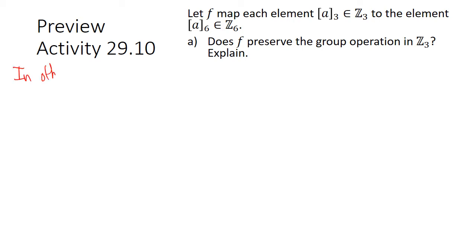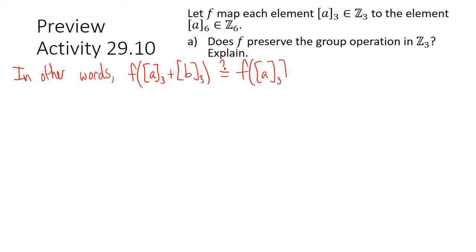In other words, if we take the image of the sum of two elements like this, is that the same as the sum of the images of the two elements separately, like this? So is that the case? So that's what we need to check. So let's go ahead and check this.